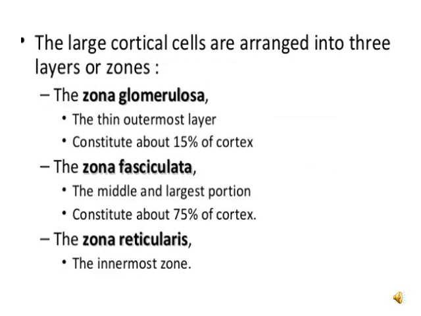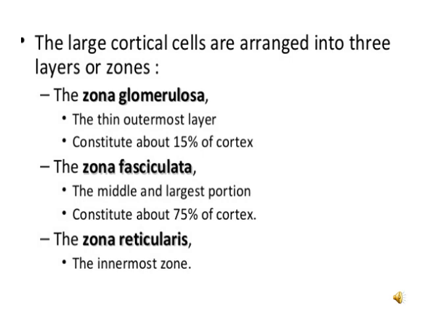The outer portion of the cortex is again arranged into three layers or zones. The outer zone is known as the zona glomerulosa, the middle zone is zona fasciculata and the inner zone is zona reticularis. The zona glomerulosa is the thin outermost layer, comprising only 15% of the cortex. It produces aldosterone.